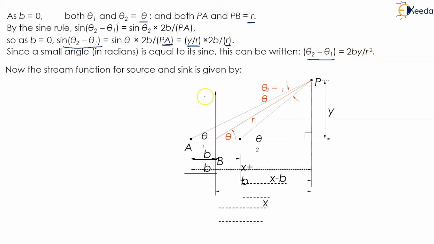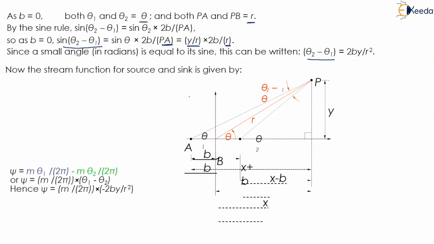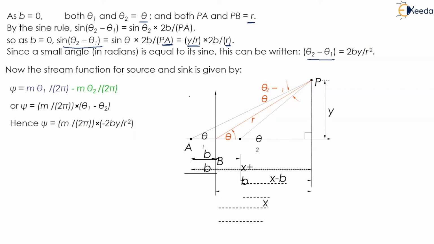Now the stream function for the source and sink is given by psi is equal to m theta 1 upon 2 pi minus m theta 2 upon 2 pi, or this can be written as psi is equal to m by 2 pi multiplied by theta 1 minus theta 2. Now over here we can substitute this value, 2by upon r square, but this value is for theta 2 minus theta 1, so we have considered a negative sign for theta 1 minus theta 2.